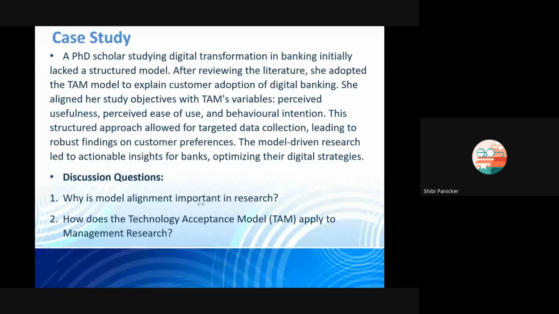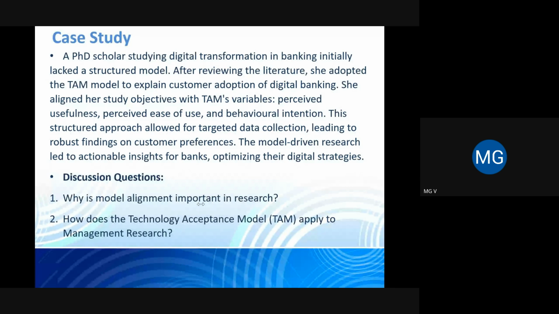Anything else? I mean the perception we are having. Okay. I strongly believe that the model alignment with the research provides something which is authentic.